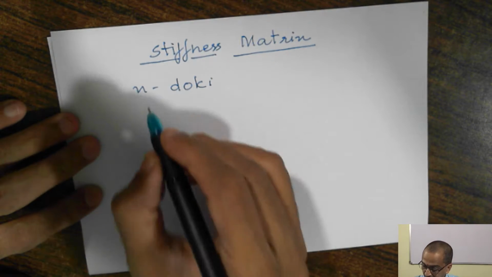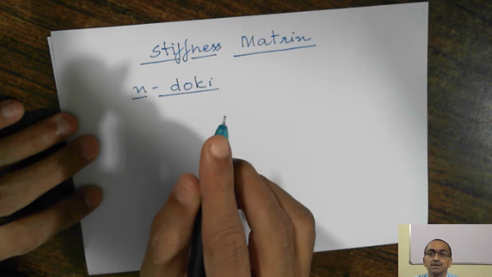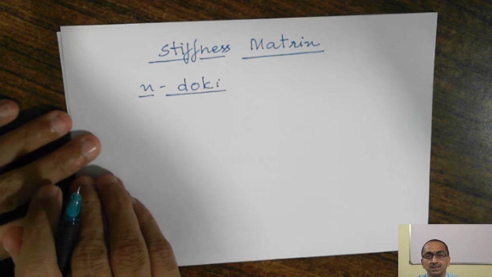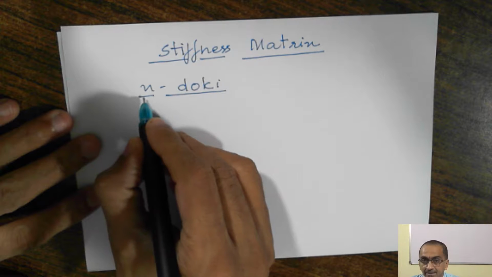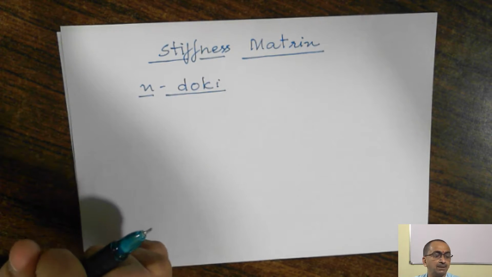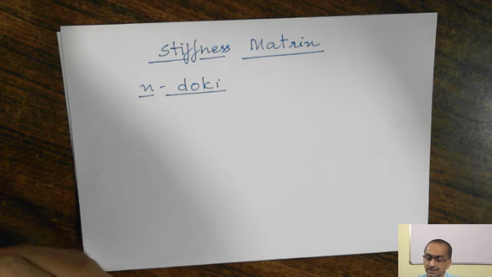N is the DKI. Stiffness matrix is always a square matrix. 2 by 2, 3 by 3, 4 by 4 is the nature of the stiffness matrix, order of the stiffness matrix, and stiffness matrix depends upon n, where n is degree of kinematic indeterminacy of the particular structure.